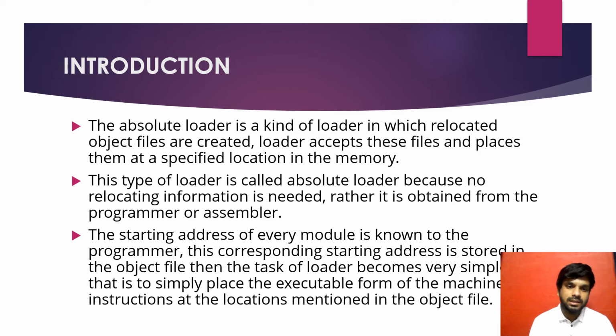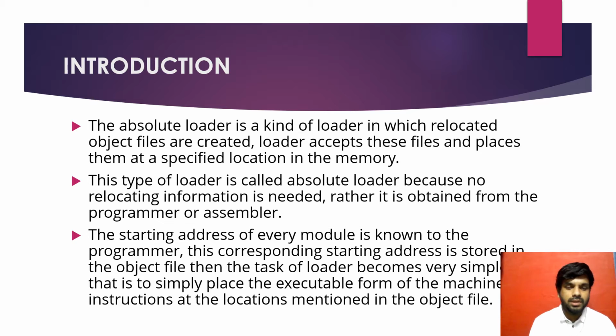Next, this type of loader is called an absolute loader because no relocation information is needed; rather, it is obtained from the programmer or assembler. In an absolute loader we don't define relocation information, because the programmer or assembler predefines the address to be stored, so it does not need relocation.